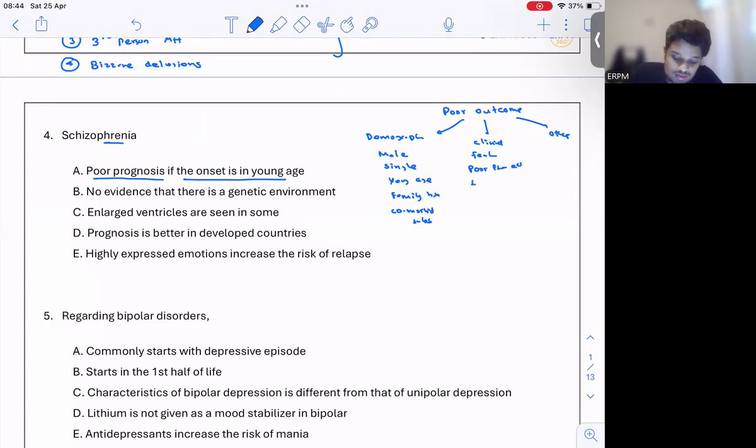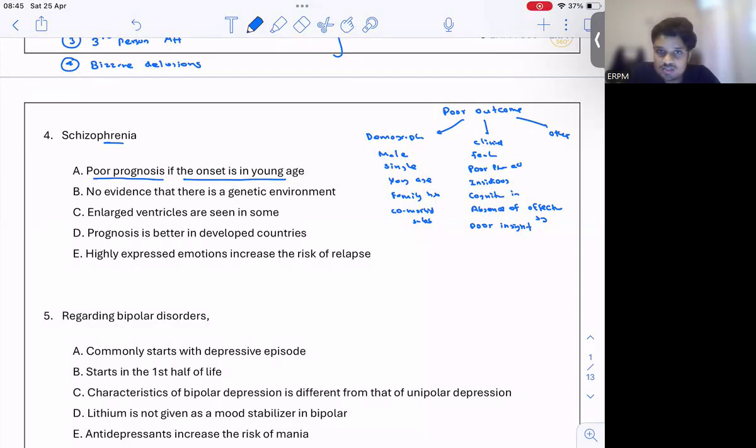If the onset is insidious, and if there's cognitive impairment, if there's absence of affective symptoms, and if there's poor insight. So all these indicate poor prognosis in schizophrenia.